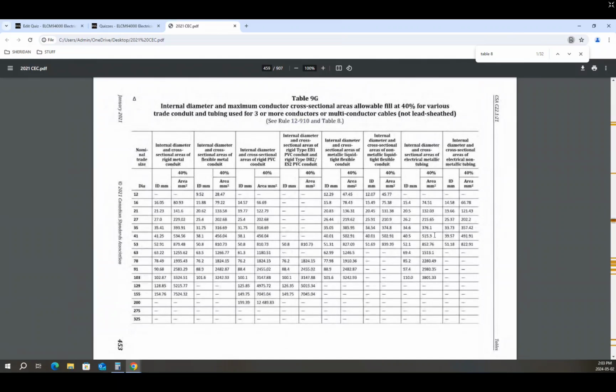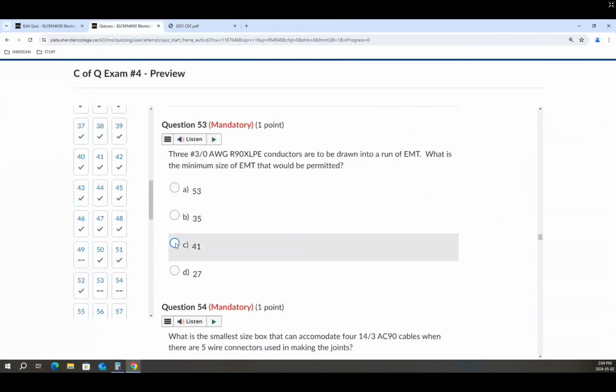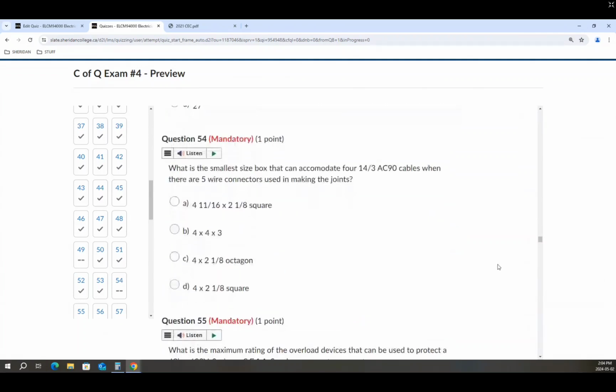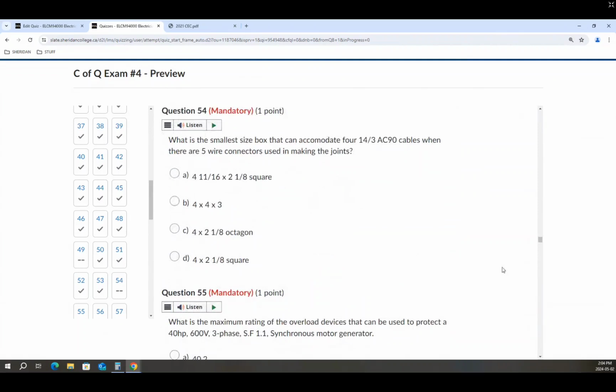So there it is, there's the 40%. So that means that I can use a 41 nominal trade size. And that's it there.